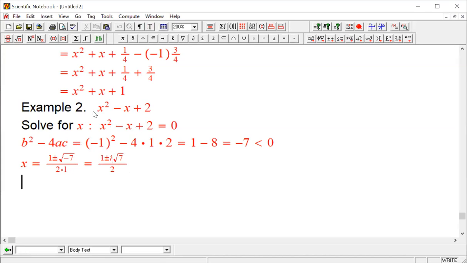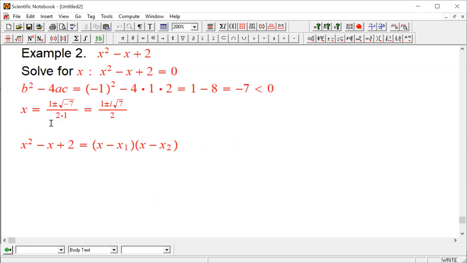Then you just decompose the factors. The factors will be composed the same way, x minus x sub 1 and x minus x sub 2. We need to specify x sub 1, which is one of the two: if this one is the minus, the other one will be the plus.